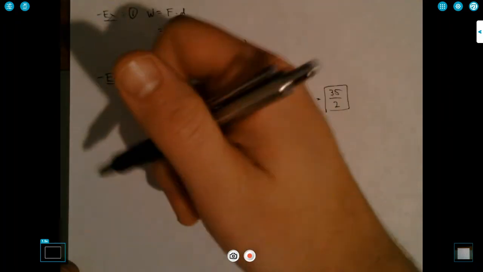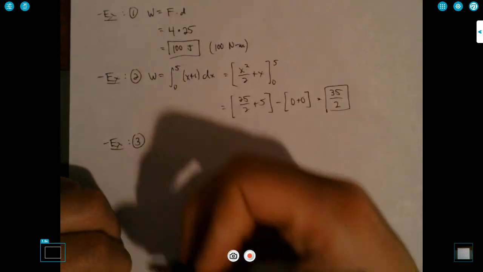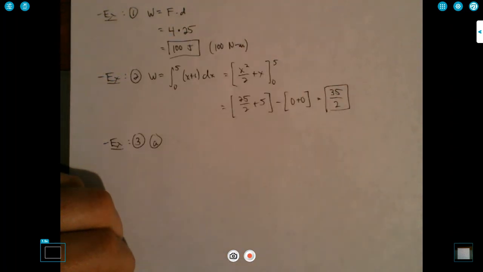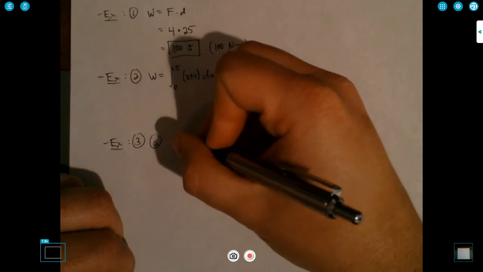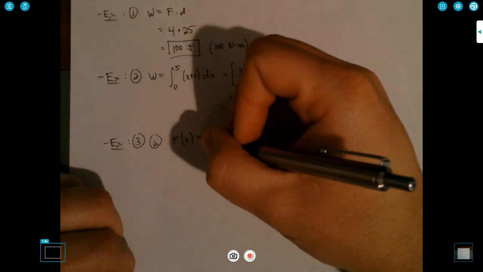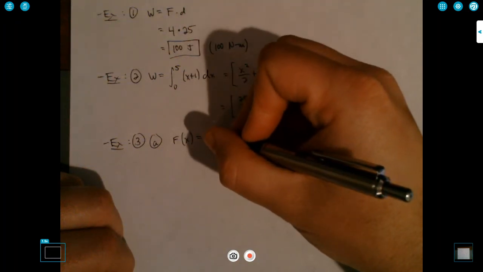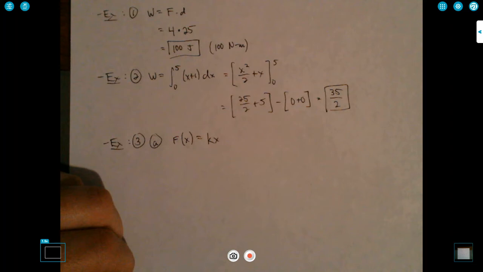So here we go. The first thing we want to do is find the spring constant K. By Hooke's law, we know that the force with which the spring is going to pull back is f of x equals kx.